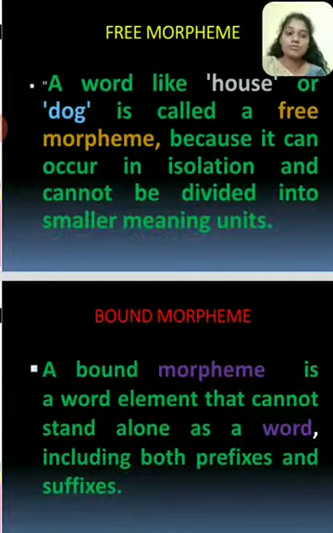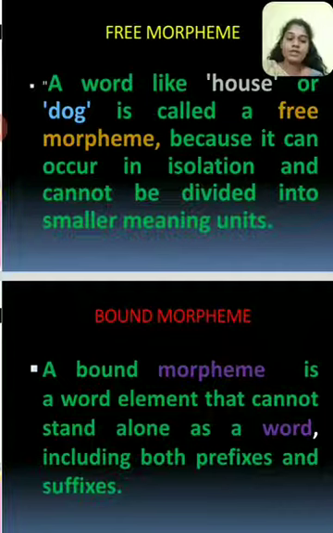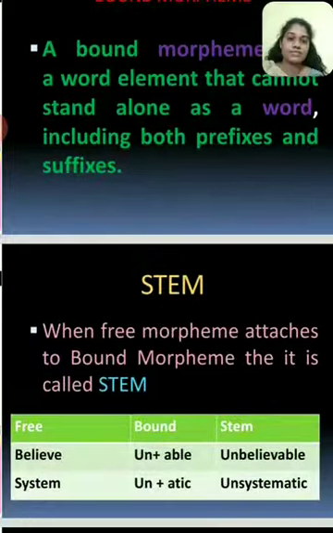Take for an example, open, dog, house, talk, everything. Bound morphemes. A bound morpheme is a morpheme which cannot stand alone as a word, including both prefixes and suffixes.